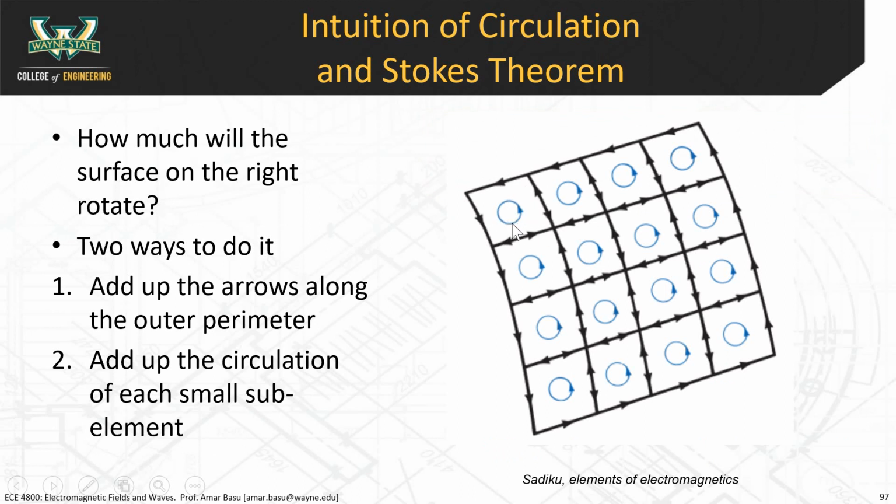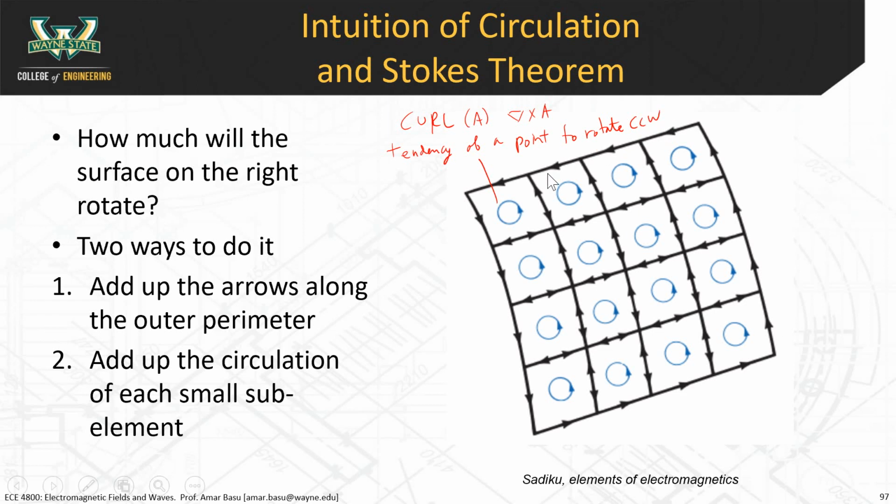The curl of A, in other words del cross A, is the tendency of a point to rotate counterclockwise.